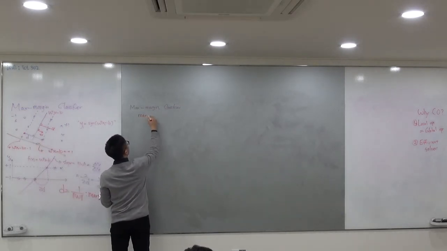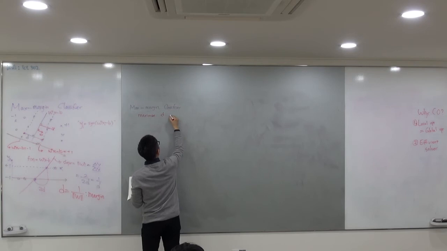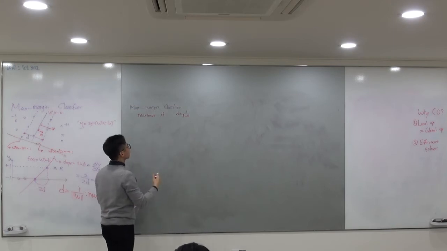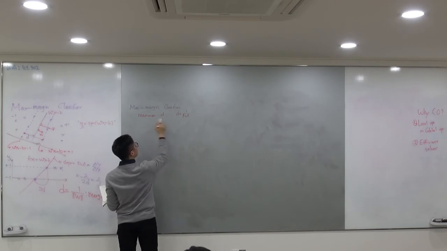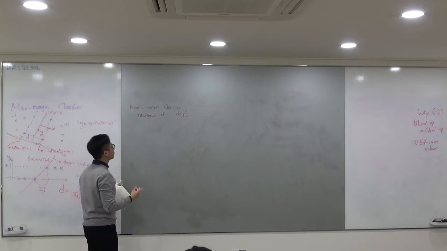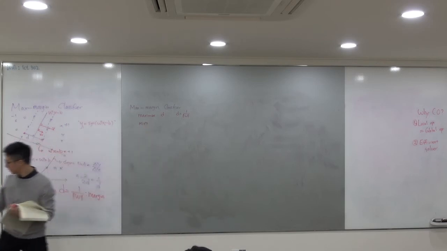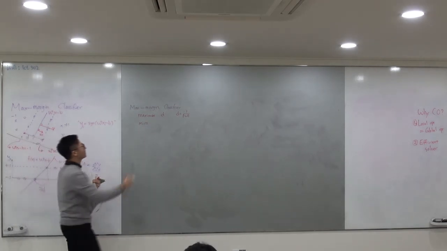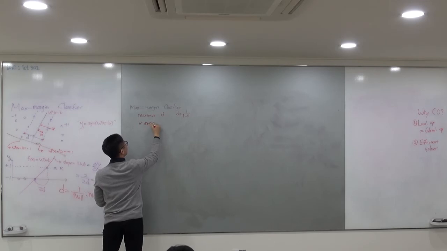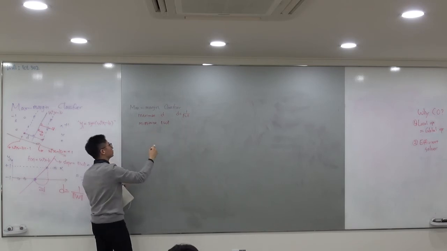Our initial objective was to maximize D, but we then figured out that D is the inverse of the norm of W. So maximizing D means maximizing 1 over the norm of W, but we hate that kind of functional form. Maximizing 1 over the norm of W is exactly the same as minimizing the norm of W.